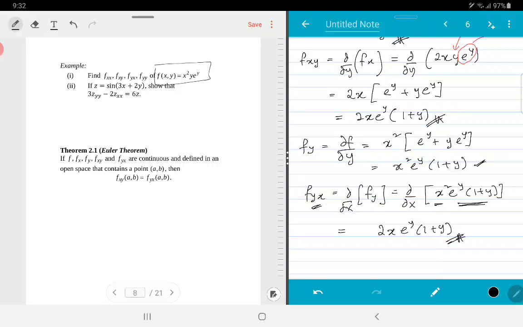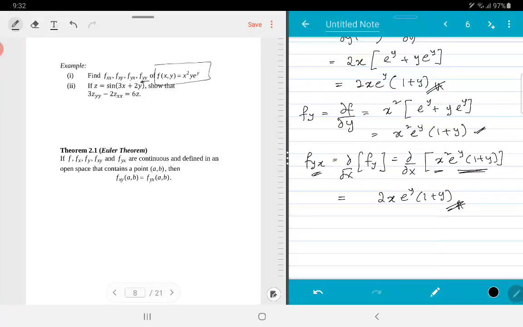So that is fyx. The next one is fyy. For fyy, we start with fy, which is partial f partial y, then we differentiate with respect to y again. From before, fy is x squared e^y times 1 plus y.